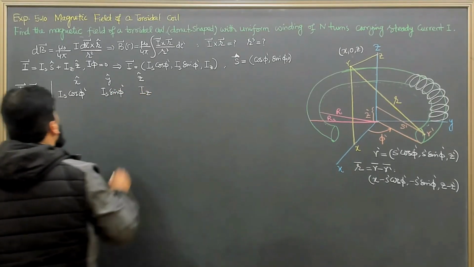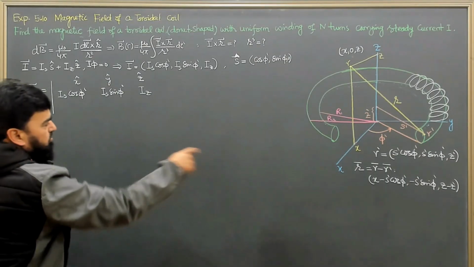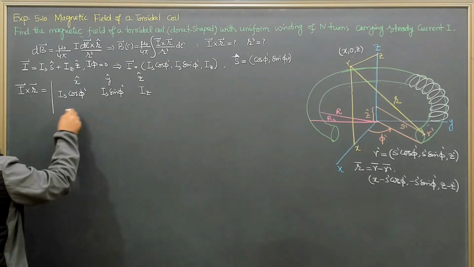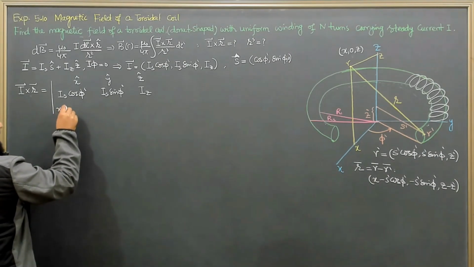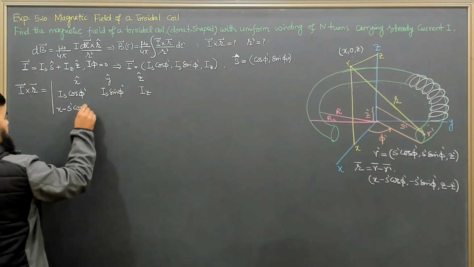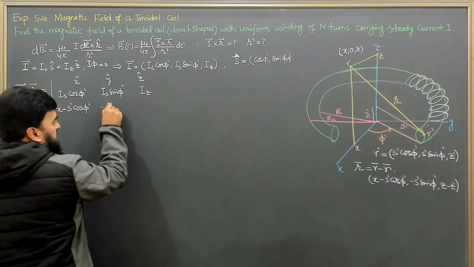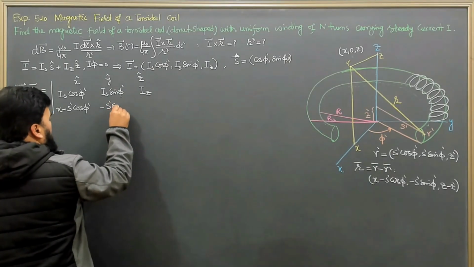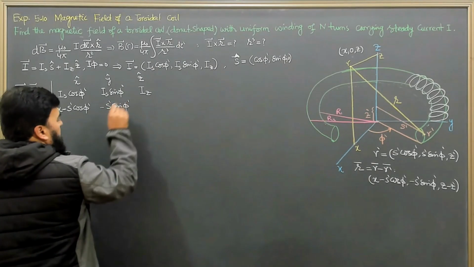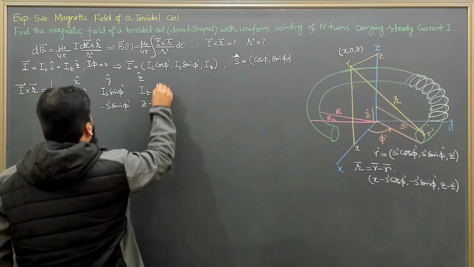Similarly, for R, as I have found there, this is X minus S prime cos phi prime, minus S prime sin phi prime, and Z minus Z prime.